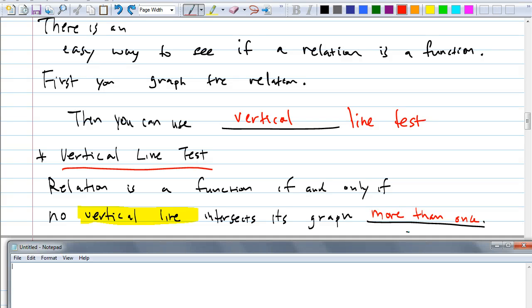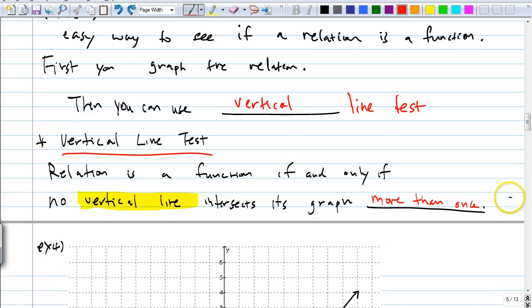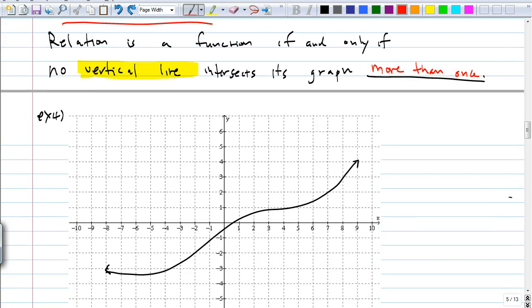So here's what I mean by this. You will see that this is really simple. Take a look at this picture. Let's use the vertical line test to see whether or not this graph is a function. I want you all to discuss with your group and see whether or not this is a function. Go ahead, everybody. I'll wait. How many groups came up with function? Raise your hand. How many will say it's not a function?